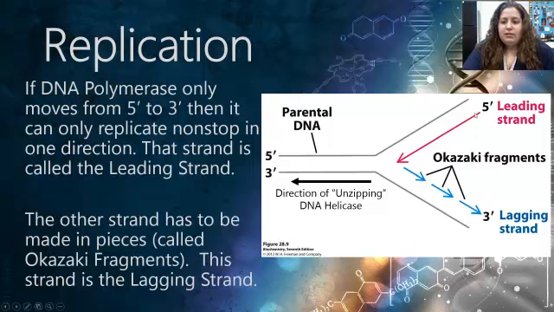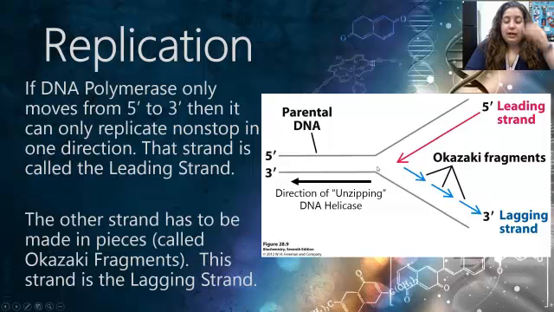So in this case, we're going to have DNA polymerase copying from the 5' end here to the 3' end. That's how it adds the nucleotides. And as DNA helicase unzips in this direction, it can just keep going and keep copying. But in this direction, it can't do that.